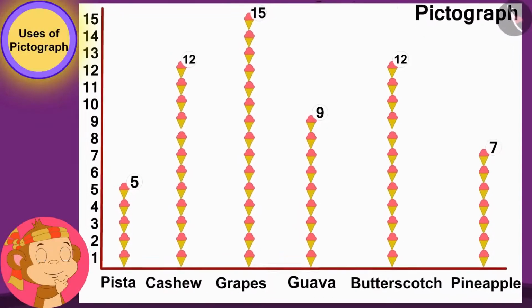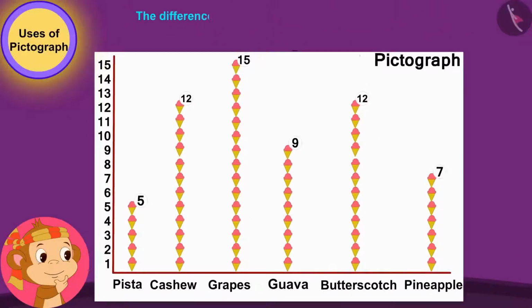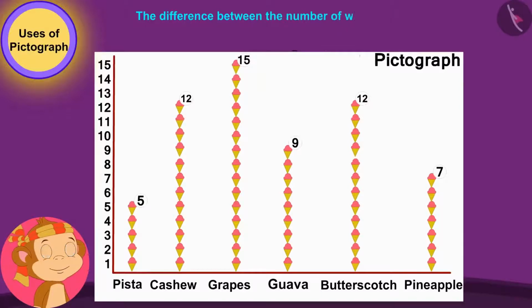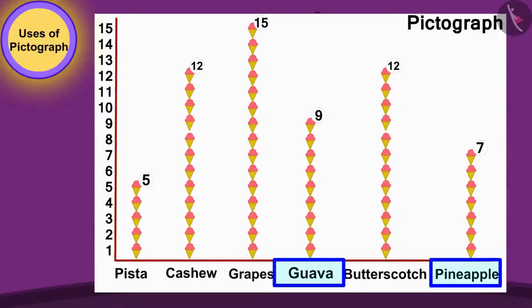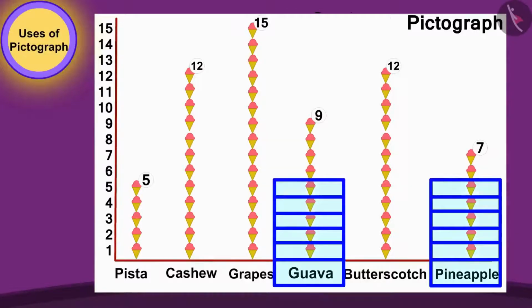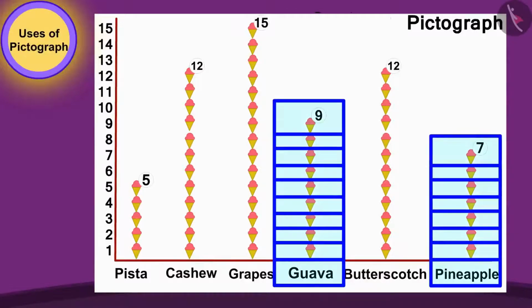Children, can you tell us the difference between the number of which of the two ice creams liked by people is 2? If you want, you can stop the video and find the answer. That's correct! The guava line has 2 ice cream symbols more than the pineapple line.